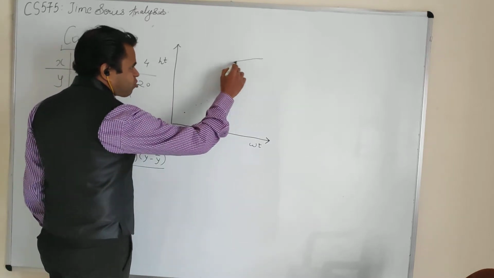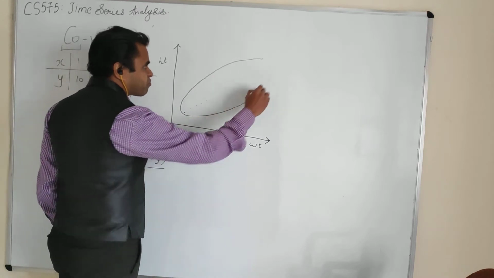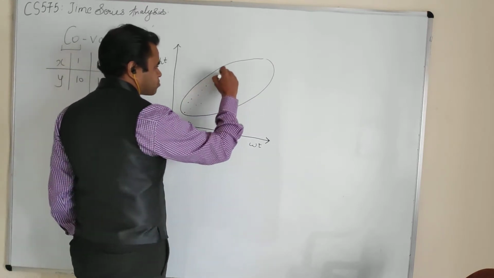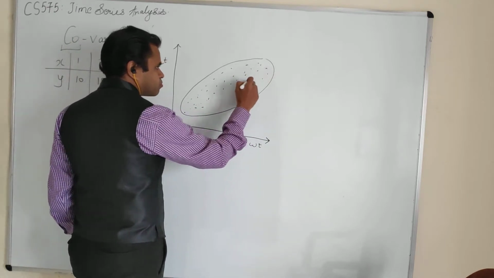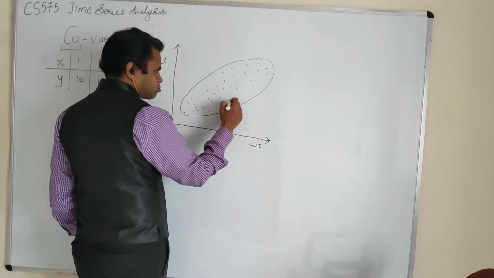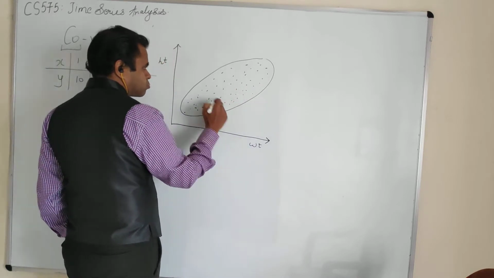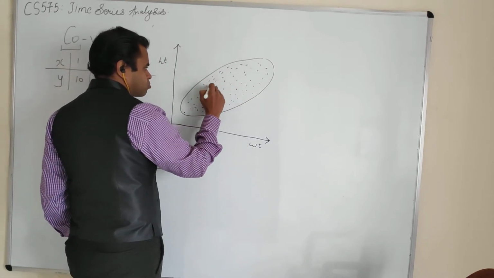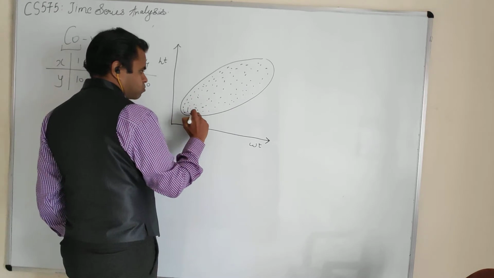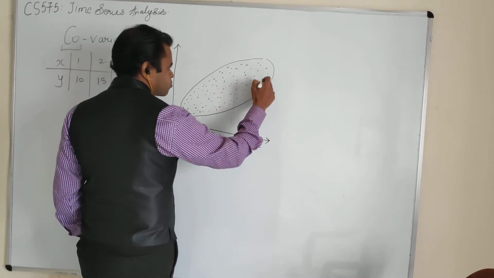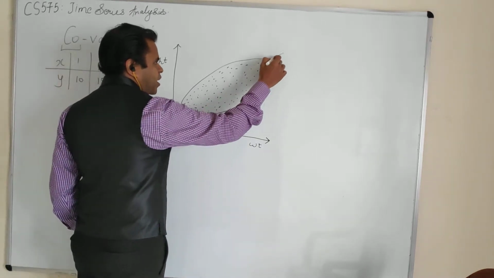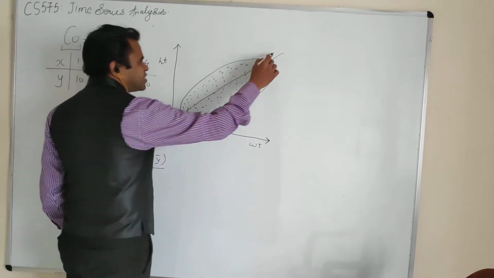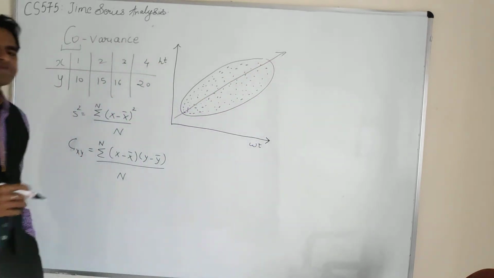So you will observe some kind of this distribution. So I can see some kind of symmetricity here. Symmetricity means, for example, if I draw a line here like this, I can see that this is a trend in which this graph is going.